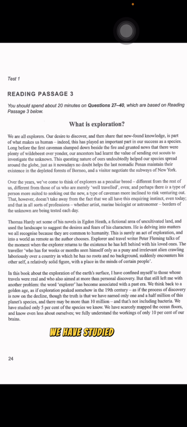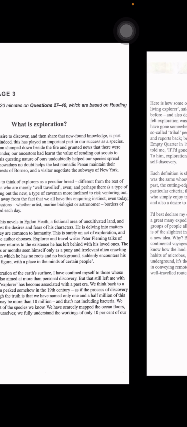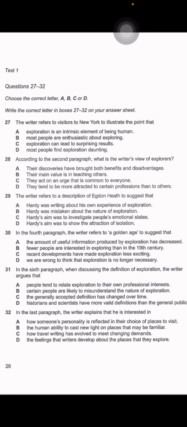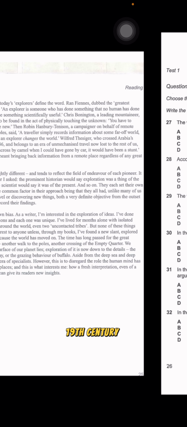We have studied only 5% of the species we know. Okay, so the writer says that we still have got much more to explore. No, this is the wrong answer. The amount of useful information produced by exploration has decreased. No, it's not decreased. Fewer people are interested in exploring than in the 19th century.